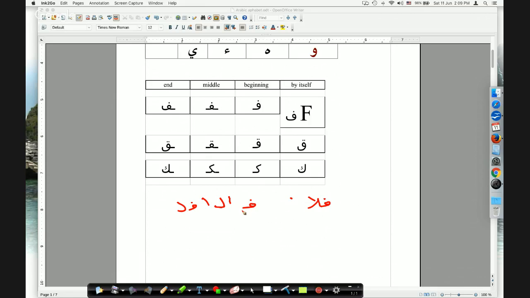We say fa, fa, but this is a fatha. So when we make the sound fa, this is not an alif here, it's a sound only. So fa, la, and then a, and then fa, and then L. Now we connect them. Fala.